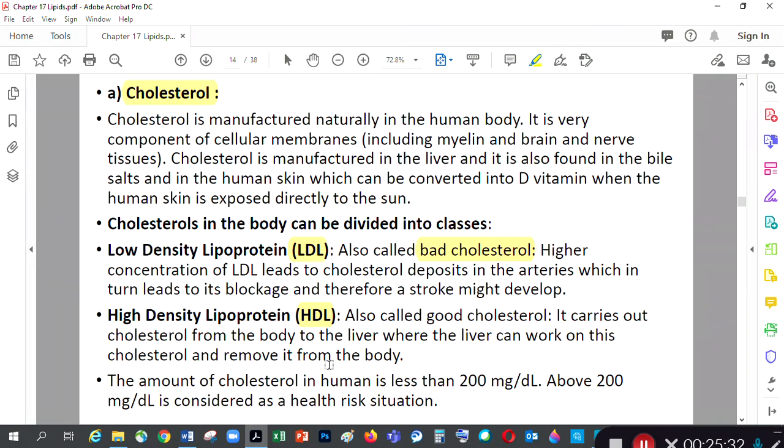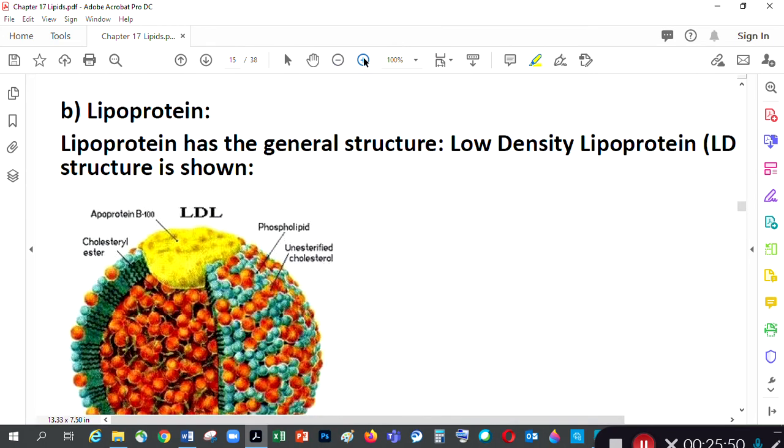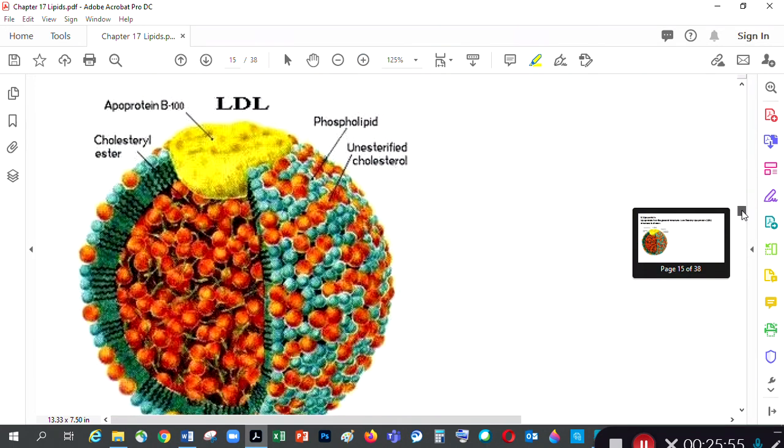So if you have above 200, then there is a possibility that the person will be at health risk. And here is just a picture of how this low density lipoprotein is produced. You don't have to memorize it, and nobody will ask about drawing this, but at least you get the idea how this really works.